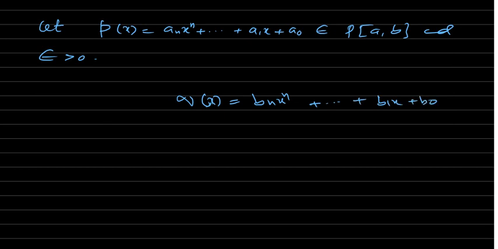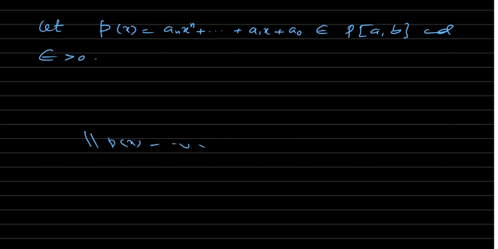We have to find this q(x) with b_i belonging to Q such that norm of p(x) minus q(x) is less than epsilon. This we should find.